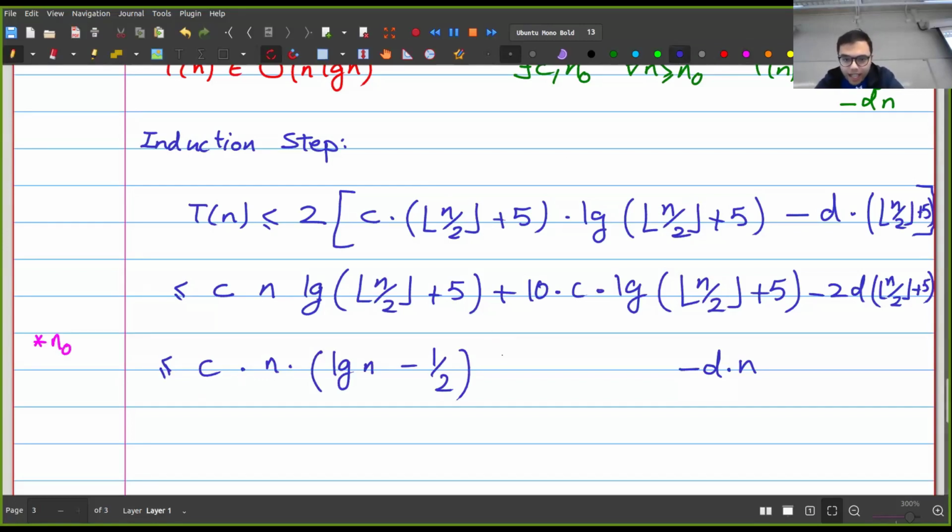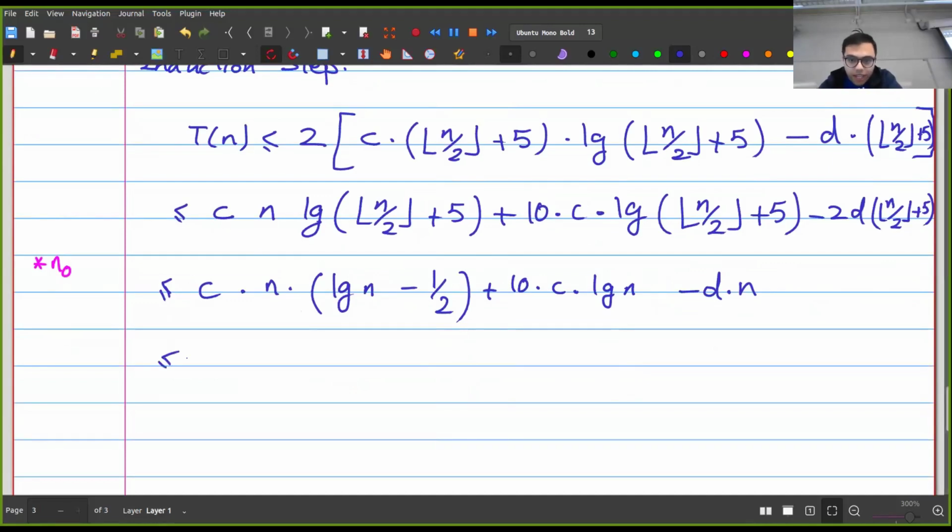Okay, and then what do I have here? I have plus 10C log of n over 2 plus 5, and I can say it's at most log of n. So let's say 10 times C times log of n. Okay, so this is now the bound that I have.